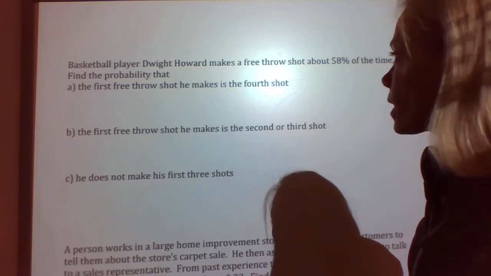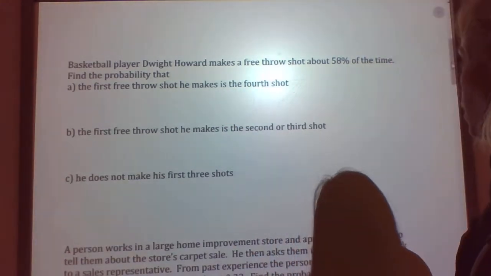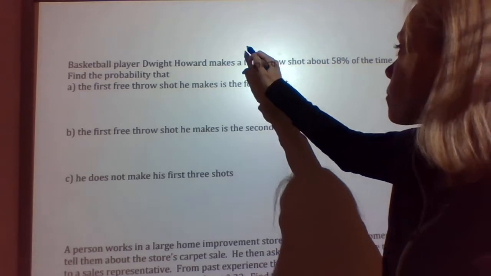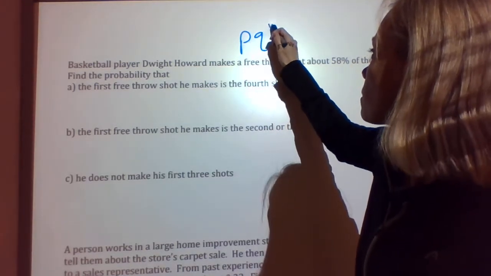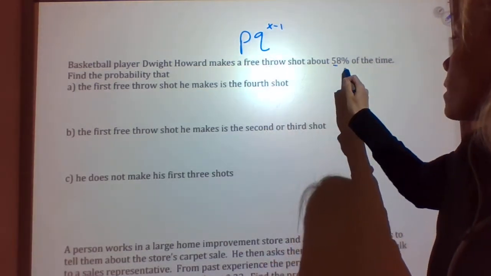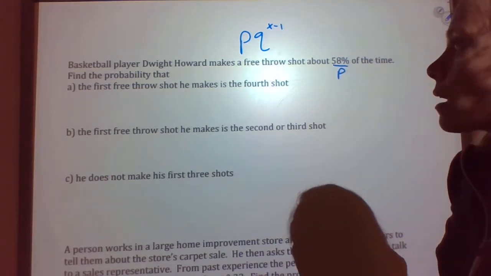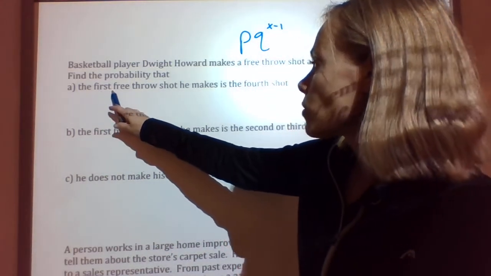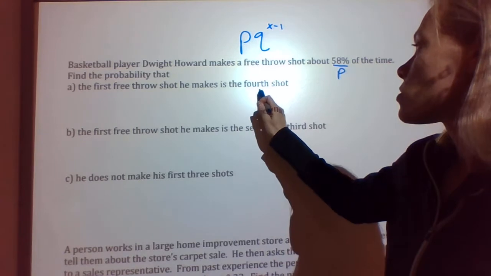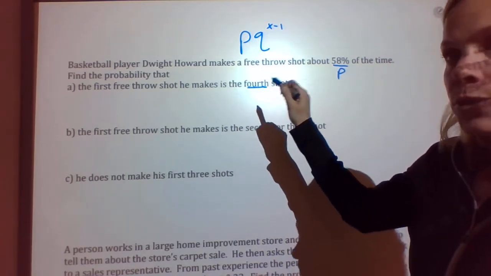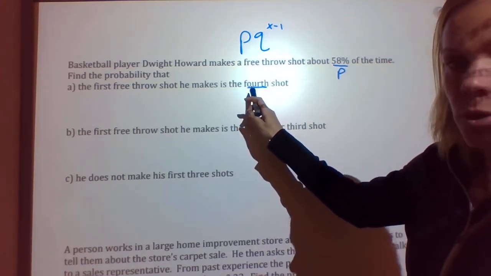Basketball player Dwight Howard makes a free throw shot about 58% of the time. So using my formula here, P is the 58%. Find the probability that the first free throw shot he makes is the fourth shot. So the first success would be the fourth one.